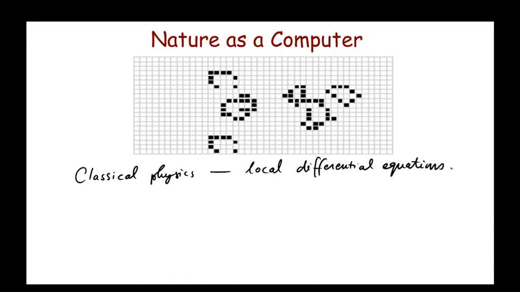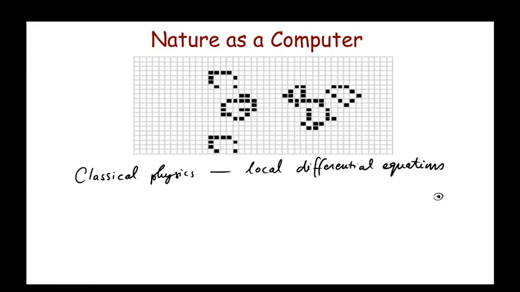Which means that if you want to know how some quantity changes over time, electricity, magnetism, whatever, then the value of that physical quantity at a certain point at t plus delta t is determined by, that point just looks at an infinitesimal neighborhood around it, and based on the value at time t in this infinitesimal neighborhood, you can determine the value at this particular point at time t plus delta t.